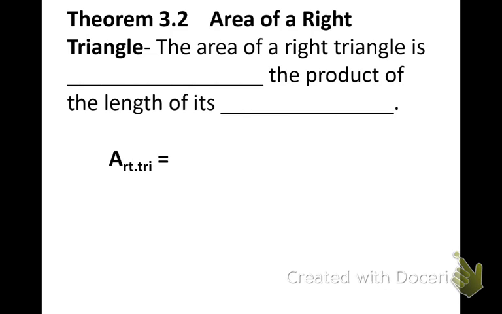Area of a right triangle. The area of a right triangle is half the product of the lengths of its legs.